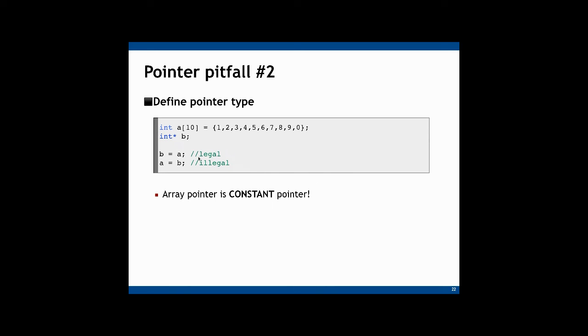You cannot assign a pointer variable to an array variable, because an array variable is a constant version of a pointer. You cannot modify an array variable. So it's a constant pointer. So this is illegal.